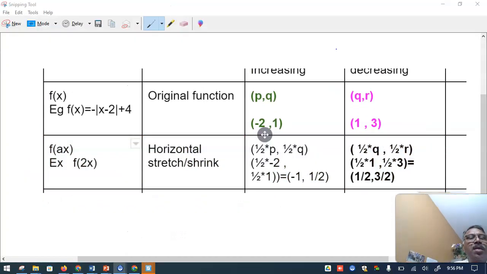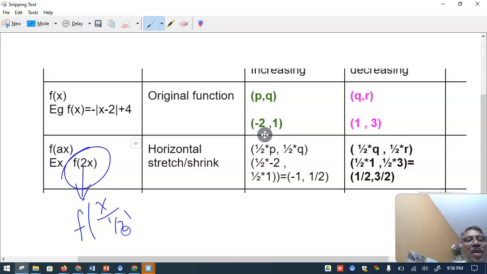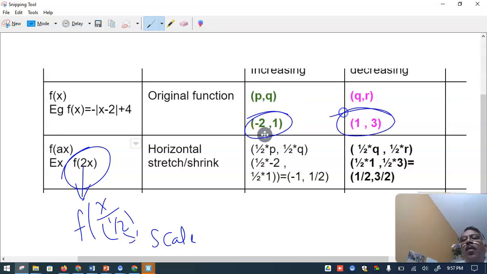Okay, so I'm doing the last conclusion. This is f of 2x right here, which I wrote as x over half, and that is the scale factor. So every x coordinate is multiplied by half. This was the original 1 and 3, and each of these is multiplied by half. Can you see half?